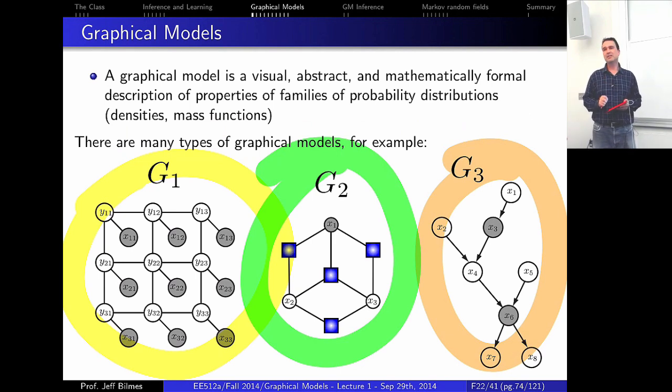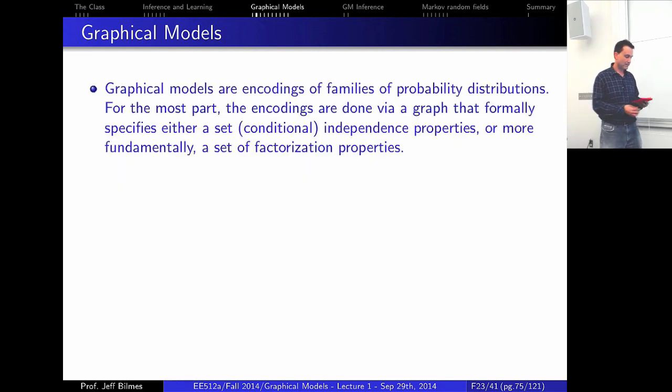Each type of graphical model needs to have, like I said, a formal set of semantics or rules or Markov properties, which says how they define a family. We don't know that yet. But what we want to talk about now is that most generally, graphical models are encodings of families of probability distributions.